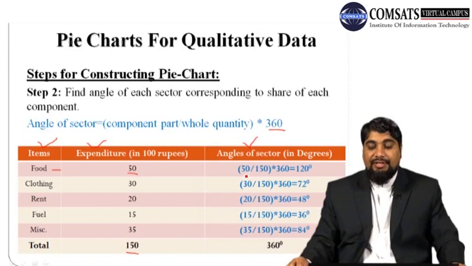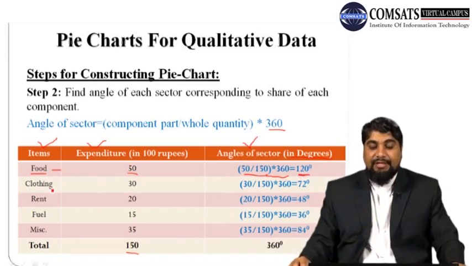So 50 divided by 150. So component part divided by whole quantity multiplied with 360. So you can simplify it and the result is 120, and remember that this is in degrees. So angle of sector corresponding to food is 120 degree.